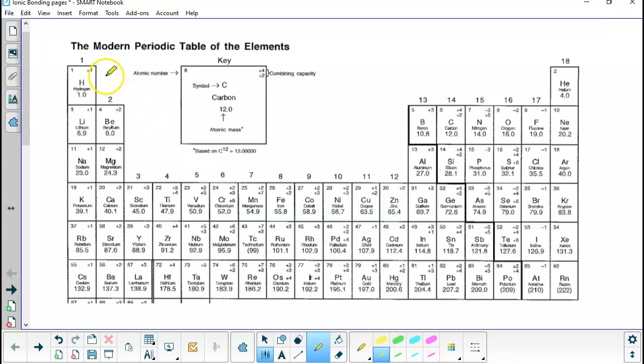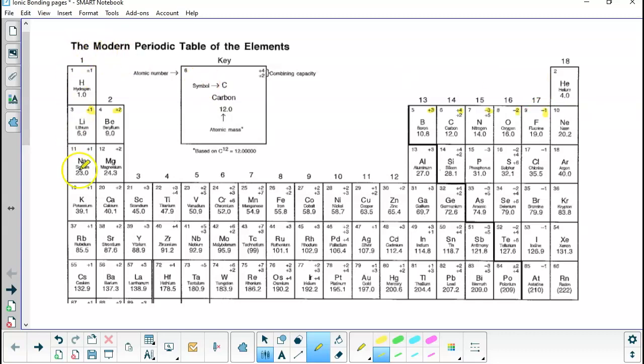On your periodic table, do you see this positive or negative number that's in the corner here? And some elements have more than 1, and that's okay. Notice that number's missing in this last group. Okay, that number is called our oxidation number. That's our ion charge. So your periodic table actually already gives it to you.